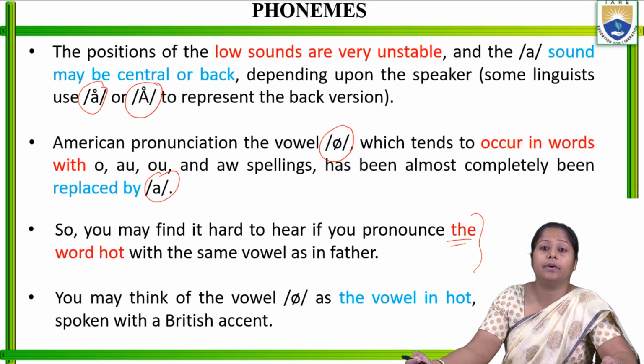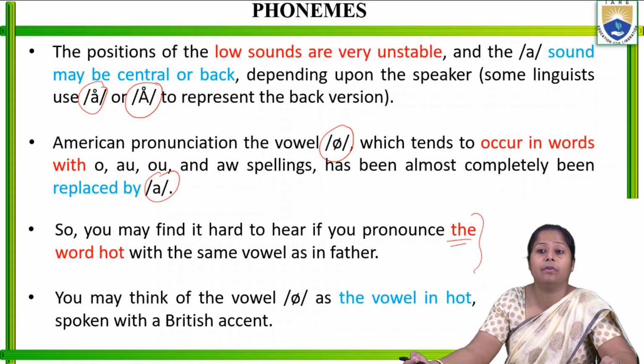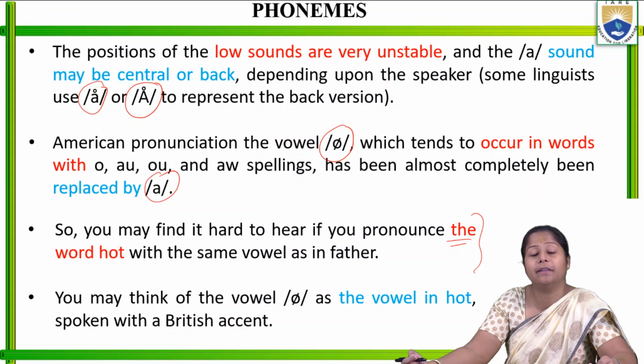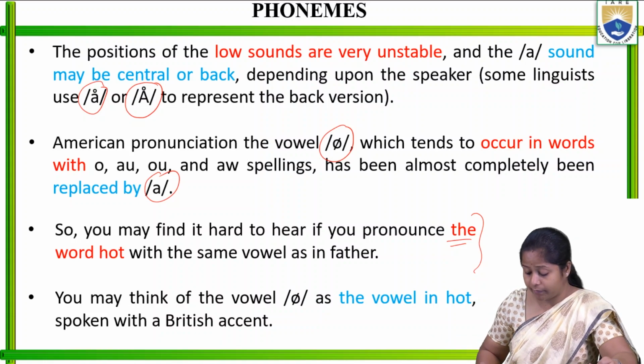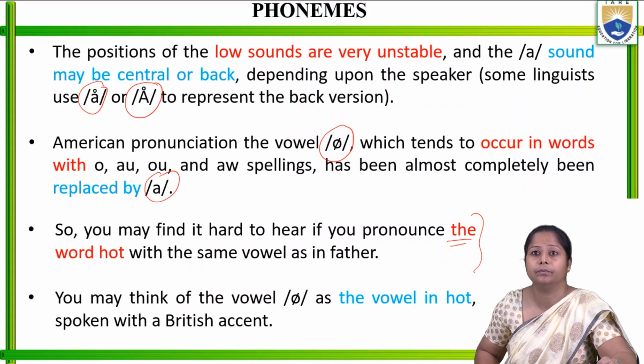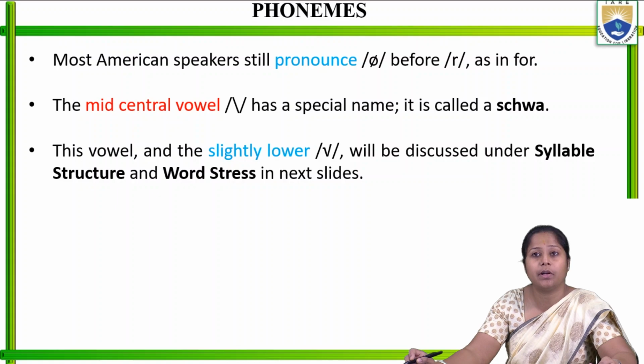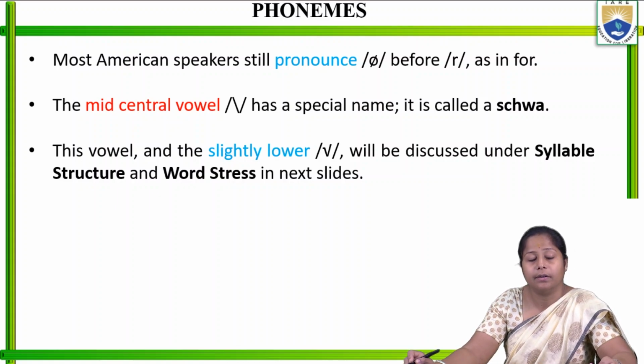So you may think of this vowel as the vowel in hot. That is actually the one made in British pronunciation, the British accent. So that is the main difference between these two types of English. Most American speakers still pronounce this vowel before R, as in for.